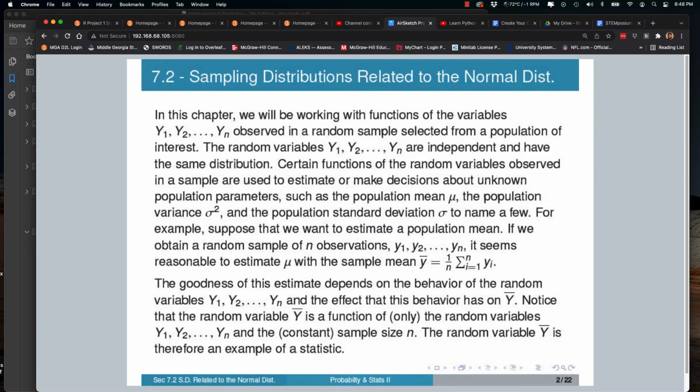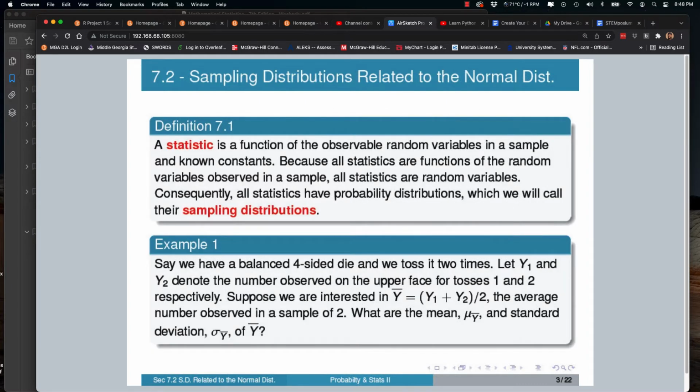Okay. So notice that the random variable y bar is a function of only the random variables y sub 1 through y sub n and a constant, which is the sample size n. The random variable y bar is therefore an example of a statistic. And we've gone over statistics before. Basically the definition in the book is that a statistic is a function of the observable random variables in a sample and known constants.